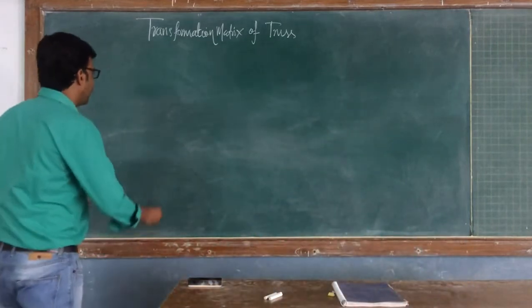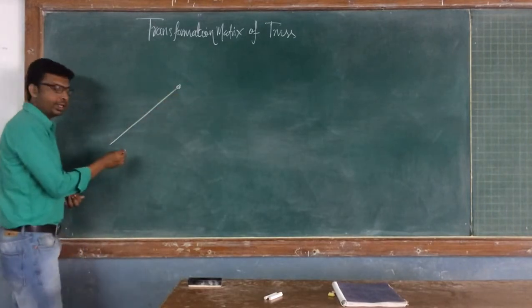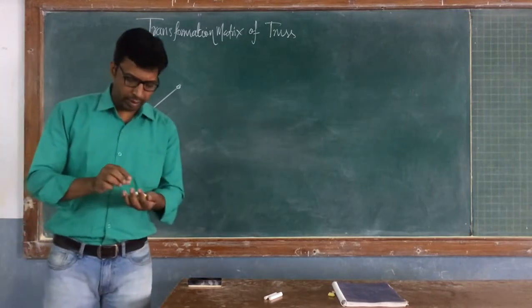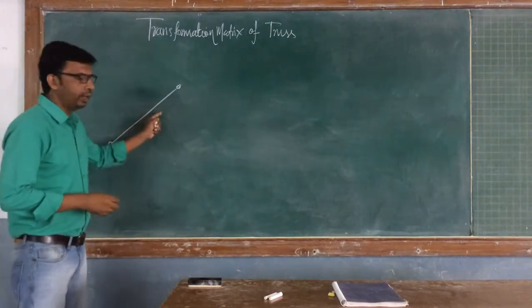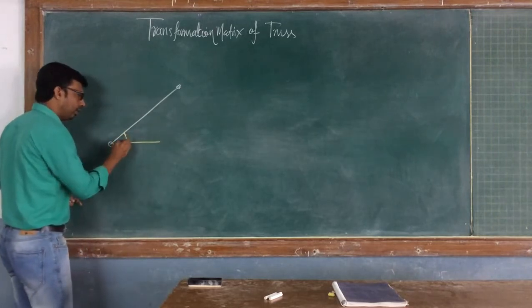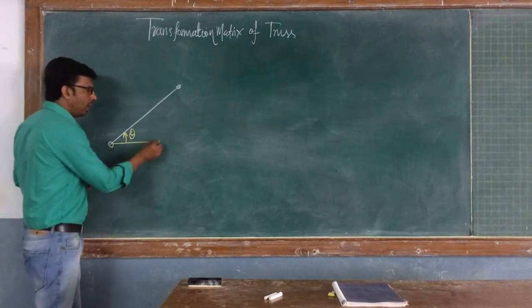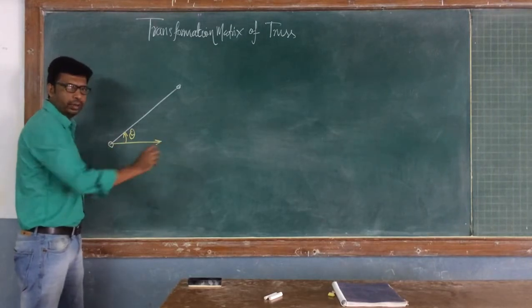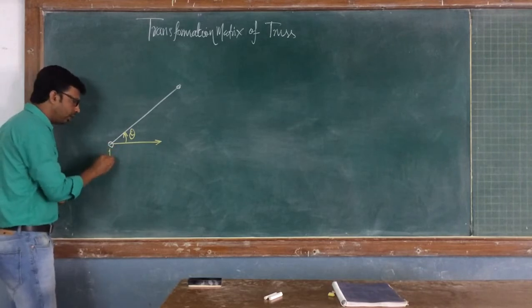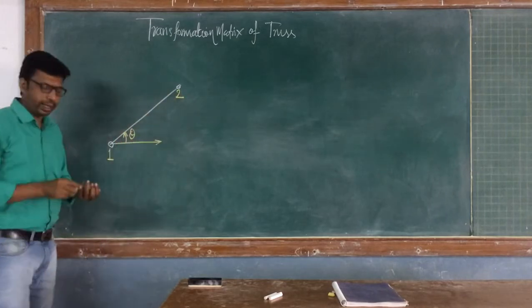So if you consider one bar member inclined at an angle theta with respect to horizontal. Let us assume this is node number 1 and this is node number 2, right?